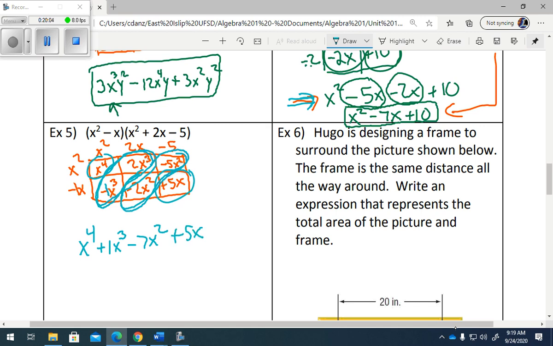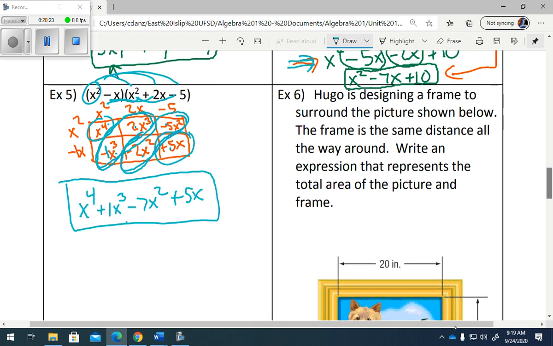So, like I said, a lot of students tend to like the box method. If we were to distribute, we distribute this first, and then we distribute this second, and we would really get 1, 2, 3, 4, 5, 6 things written down that combine to be this 4-term polynomial.